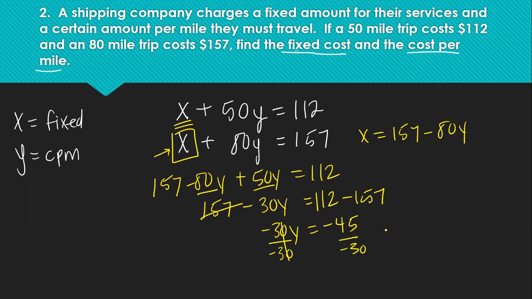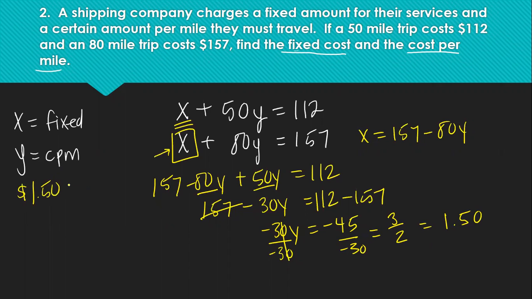What is negative 45 divided by negative 30? Well, that comes down to be 3/2, which is 1 1/2. So we know that y, their cost per mile, is $1.50.